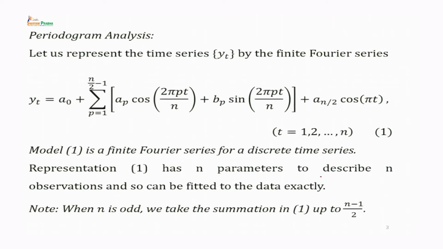So, n parameters to describe n observations. So, these can be fitted to the data exactly, means number of parameters is equal to the number of observations. Usually we take n as an even number, but when n is an odd number there is no problem. Then this summation runs from p equal to 1 to n minus 1 by 2.